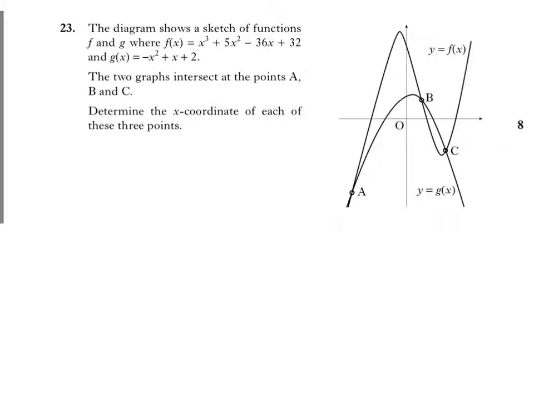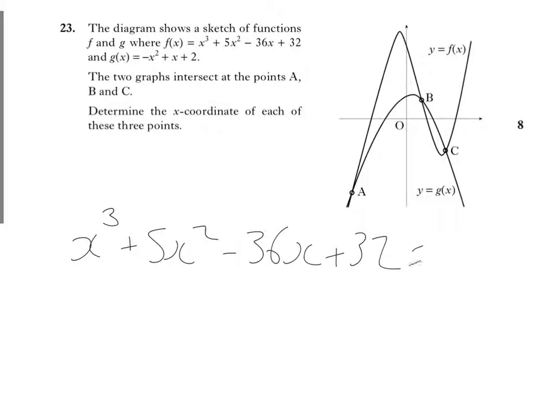Right, so for that one, we can do a bit of y equals y. So we can make the functions equal to each other. x cubed plus 5x squared minus 36x plus 32 is equal to minus x squared plus x plus 2.